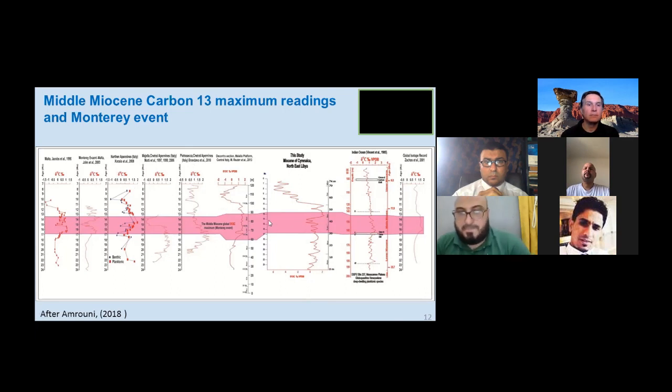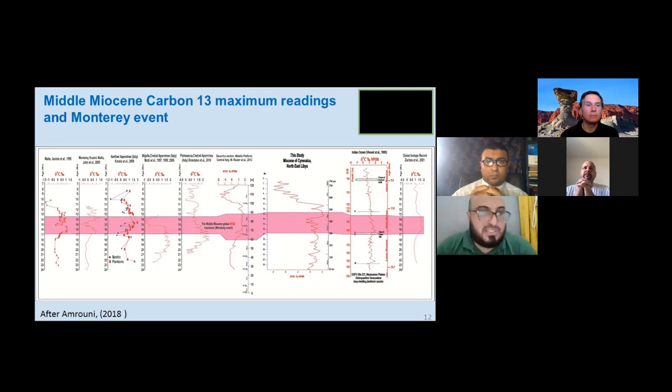So you see here the pinkish color represents the high carbon excursion, which indicates high productivity, and indicates the Middle Miocene, and this is a global event, as we said.